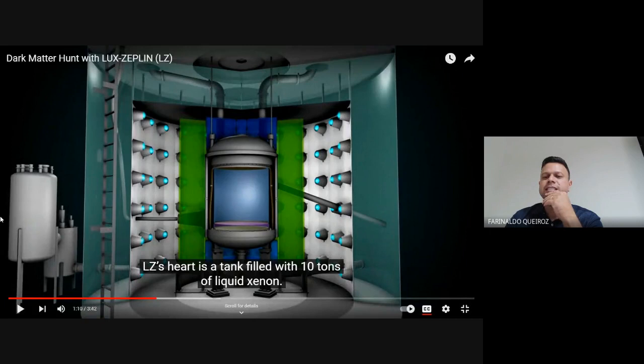So as you can see, the real detector is just this tank. But there is 1 ton of xenon in this tank. Just to have an idea, purified xenon is so rare that they extract it from the surface, and it's really rare.